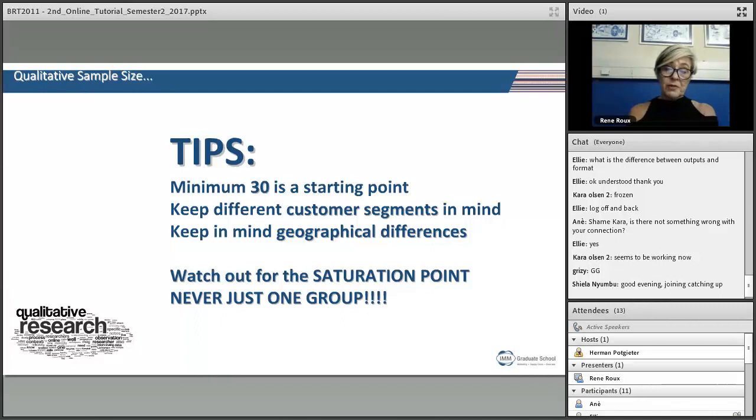But you have to also keep in mind whether you have different customer segments. What do I mean by this? Say for instance, you conduct a survey amongst certain age groups. You cannot put 18 to 25-year-olds and 65-year-olds in the same focus group and then say you just conduct 3 focus groups, because those 2 age groups don't understand each other.